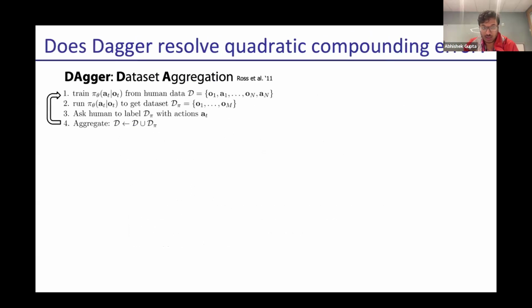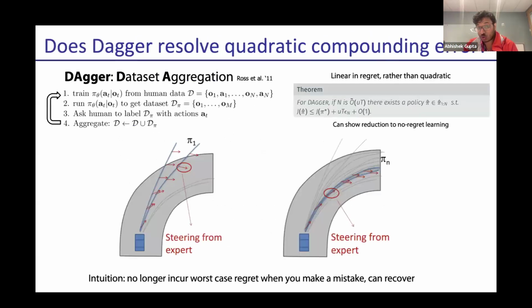Okay, so that's the DAgger algorithm, right? You can actually show that it is sublinear in regret. Essentially this figure explains what's going on. You want to navigate this way, you deviate, you provide corrective labels. Now you have a better data set, so you're going to avoid those mistakes. You might still make other mistakes, but you'll add those to the data set and repeat, right?